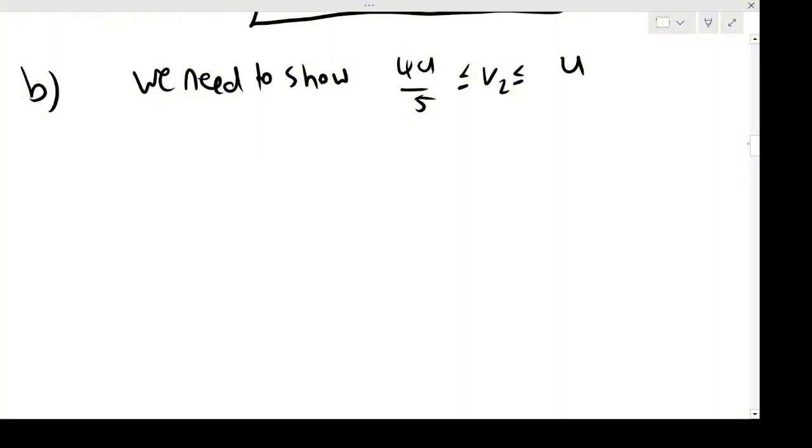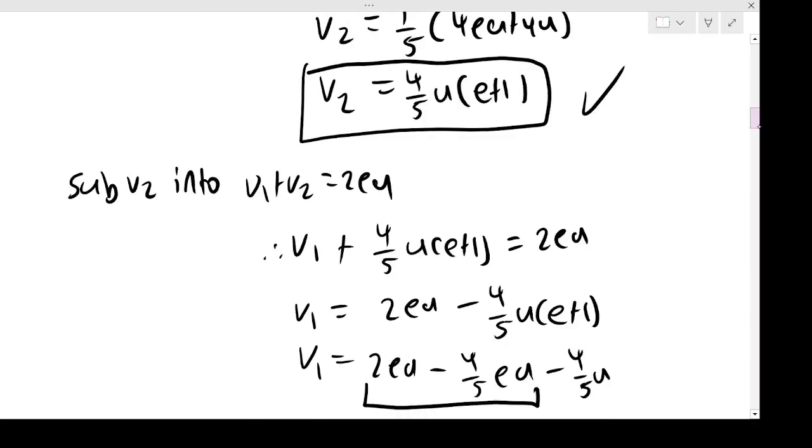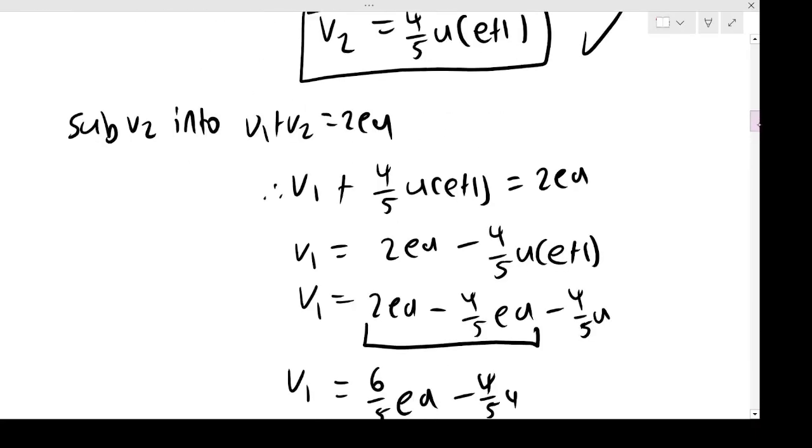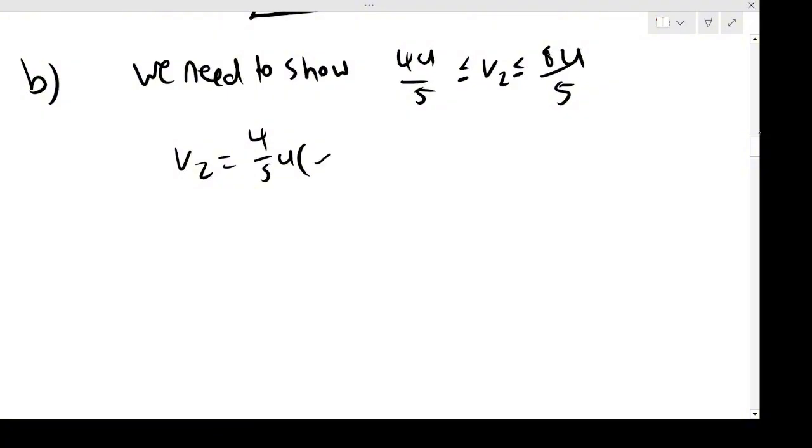How are we going to do that? Well, if I recall that V2, again from part A, is 4/5 U, lots of E plus 1. How are we going to find this inequality from this?